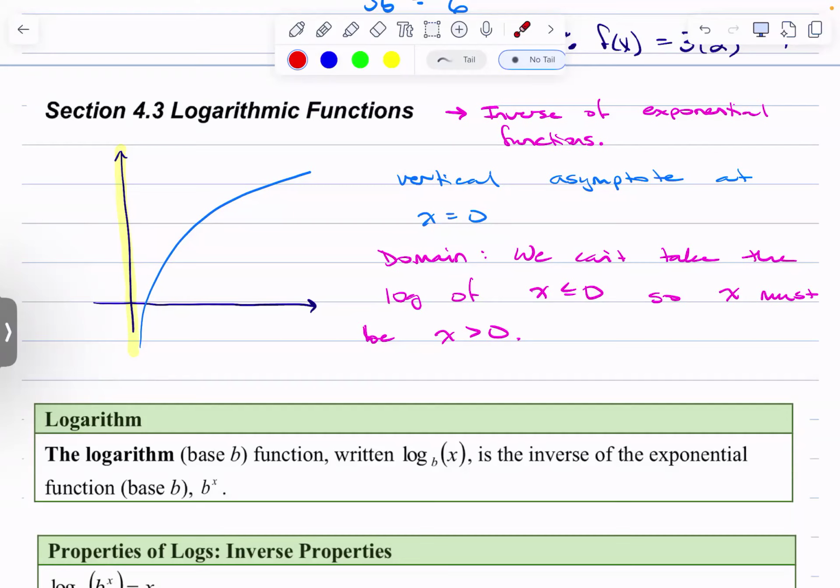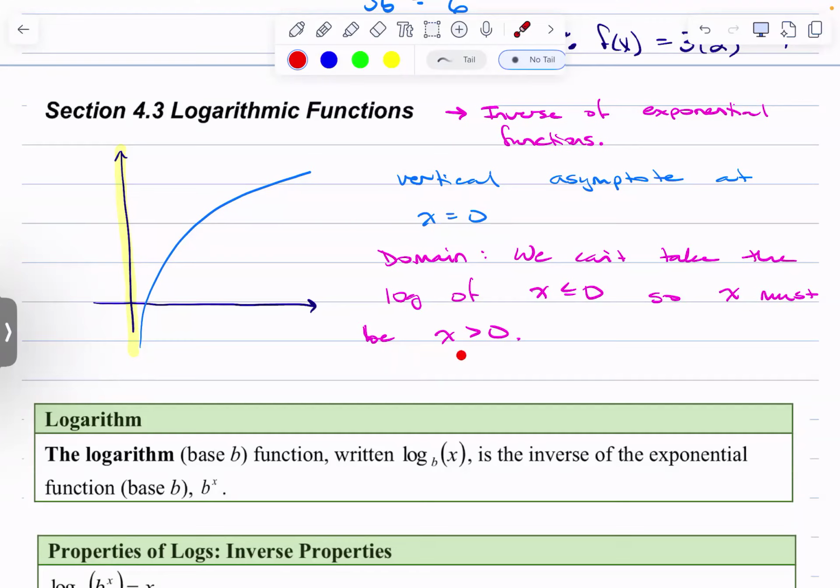So now we have to add a third thing to check for our domain. And so the domain of a logarithmic function, since we can't take the log of x less than or equal to 0, right? So I can't cross this y-axis by any means, unless I've done a shift, but of course we're just talking about the general form. So x must be greater than 0.